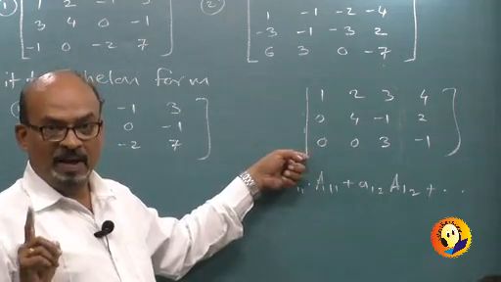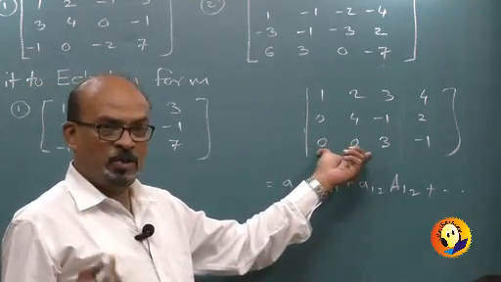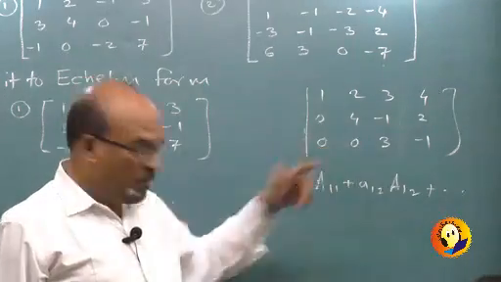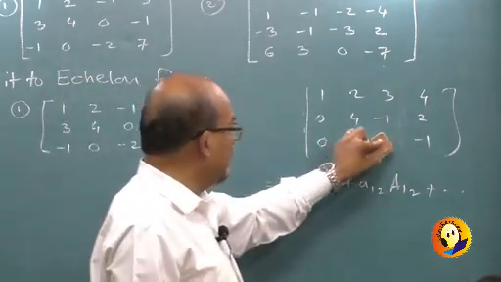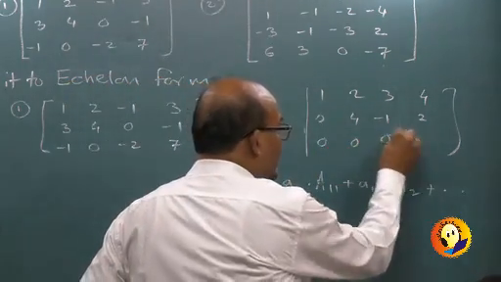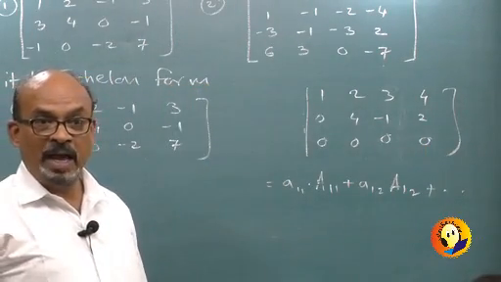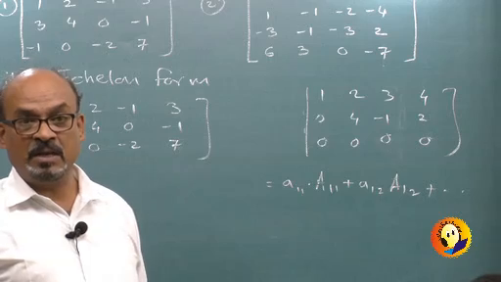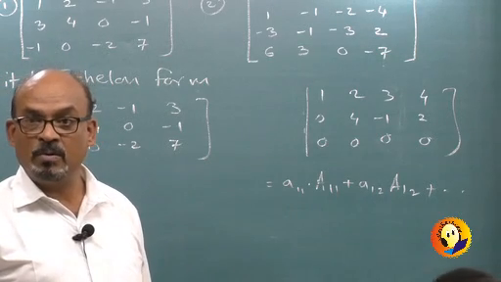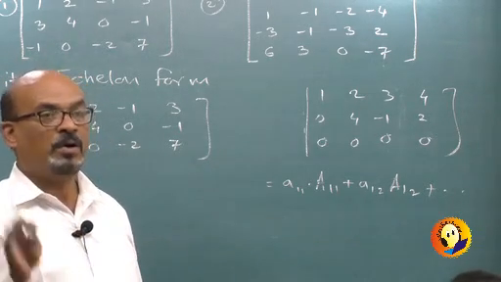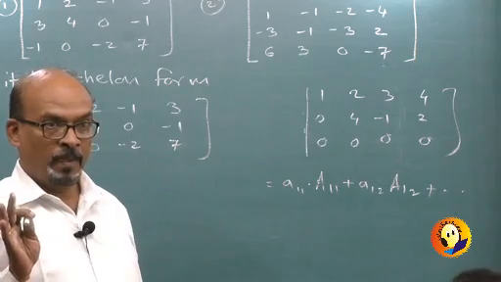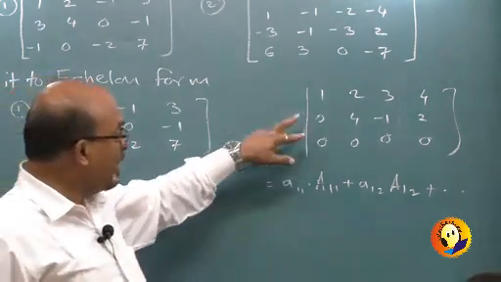Then I will have at least one minor which is non-zero, so rank will be 3. But by chance, while performing this task, I end up with getting this row as zeros. Then I will have every minor of size 3 which will result in value 0, because the entire row turned out to be 0. Got it? So rank in this case will be 2.